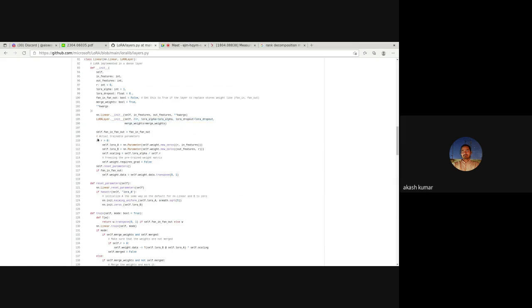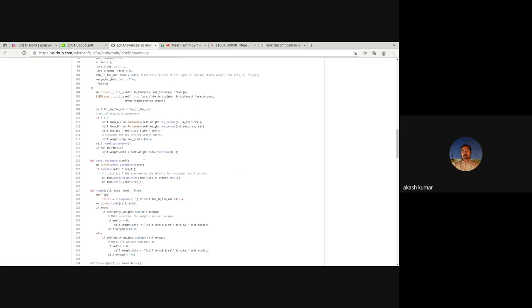And if we want to have any trainable parameters, and the input for that R value is greater than 0, then we define the two matrices LoRa A and LoRa B. And this is the scaling factor where they use LoRa alpha and the dimension that they use for creating these matrices.